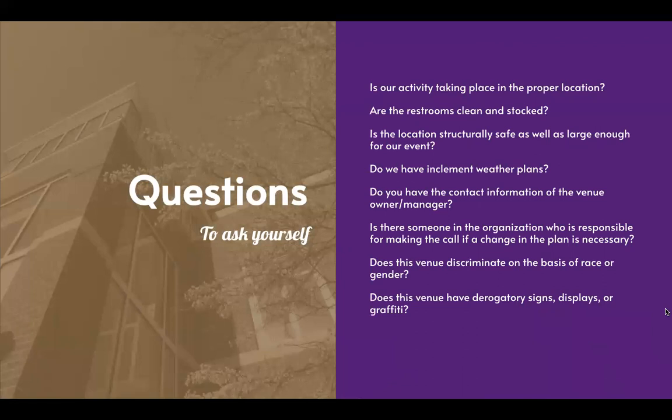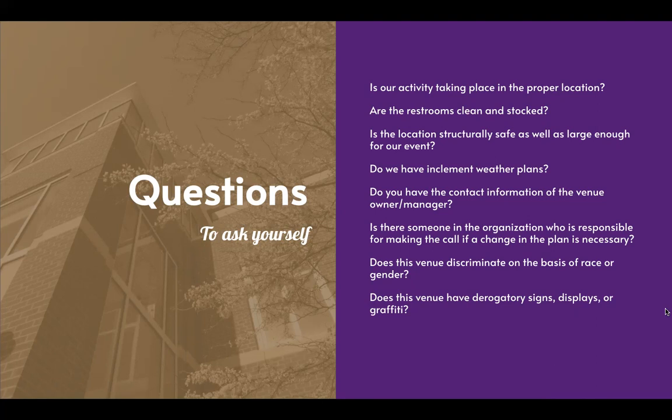Some questions to ask yourself when considering these risks include: 1. Is our activity taking place in the proper location? 2. Are restrooms clean and stocked? 3. Is the location structurally safe and large enough for our event? 4. Do we have inclement weather plans? 5.